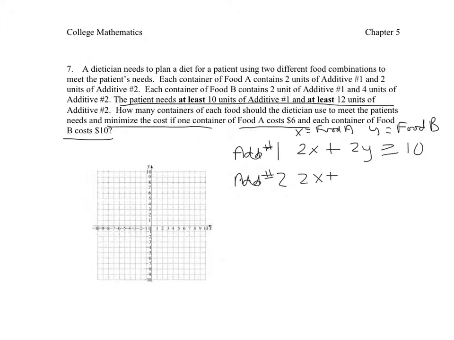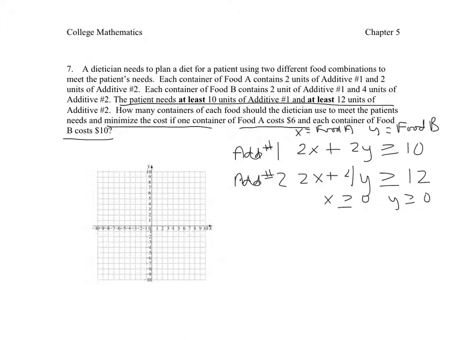For additive 2 in food B, there were 4 units. So we have 2x plus 4y, and we needed that to be at least 12 units. So that's 2x plus 4y is greater than or equal to 12. We also said that you have to have some of food A and some of food B. So those need to be positive values. X is greater than or equal to 0, and Y is greater than or equal to 0.